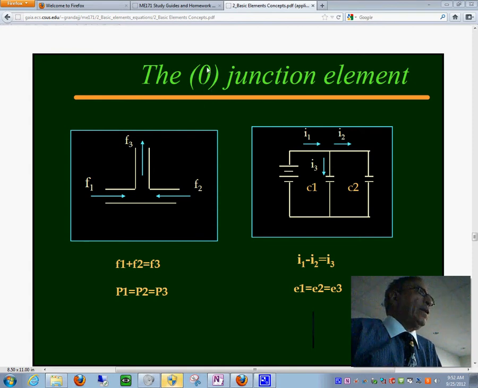This zero junction that we call is for this kind of situation where flow 1 plus flow 2 produces flow 3. But remember, what about the pressure here? Let me see how that physics class is in your minds. Can anybody tell me anything about the pressure?